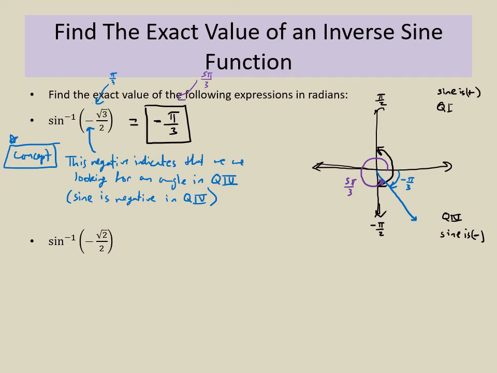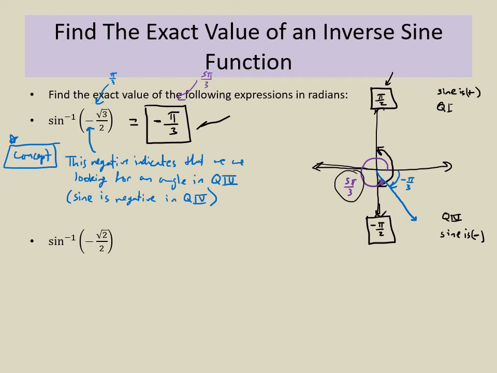Well, true, it is the same angle, but we have to keep going back to our concept. Where is the inverse sine defined? The inverse sine is only defined between negative pi over 2 and positive pi over 2. Pi over 2 is the largest value. 5 pi over 3 is clearly bigger than that. That is outside of where the inverse sine is defined.